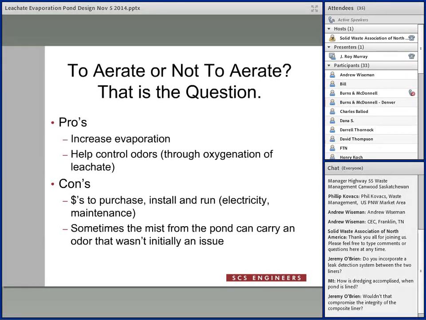The downside of that is that, one, it costs money to purchase the aerators and to install them, and then you constantly have the electrical and maintenance costs.